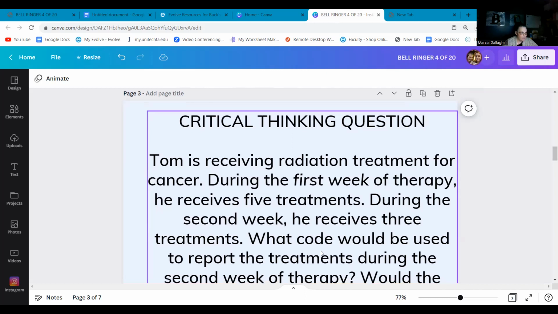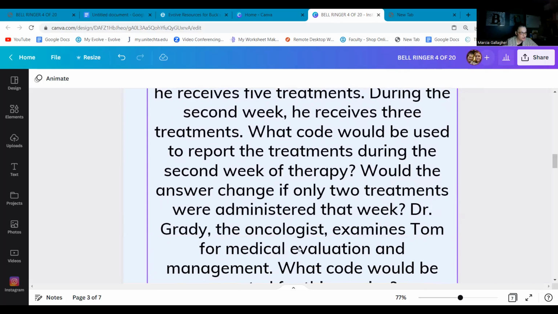Now, the part that we are going to answer now is, would the answer change if only 2 treatments were administered that week? If Tom had only 2 treatments during the second week, no code could be reported. If that sounds a little confusing to you, I want you to read the guideline and really think about what we talked about.